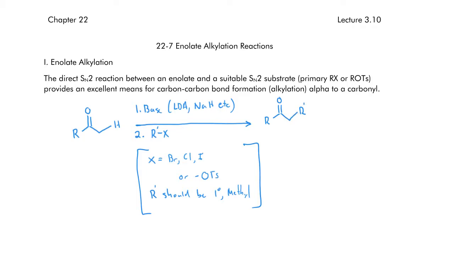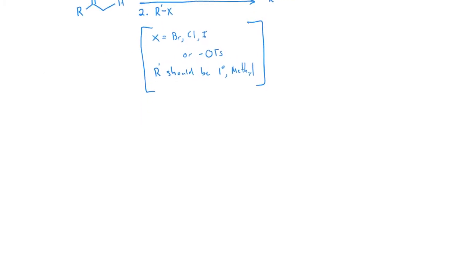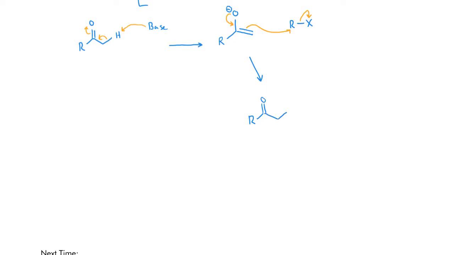Now let's just take a quick look at the mechanism. So you can see we form the enolate with the base, and then we just do an SN2 reaction at the alpha carbon to make that alpha carbon-carbon bond.